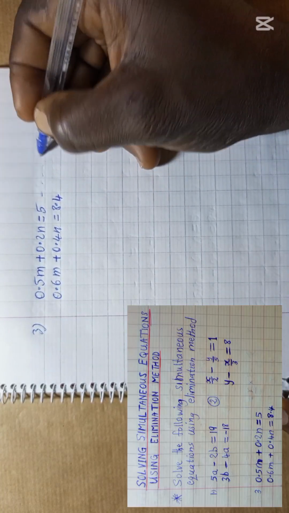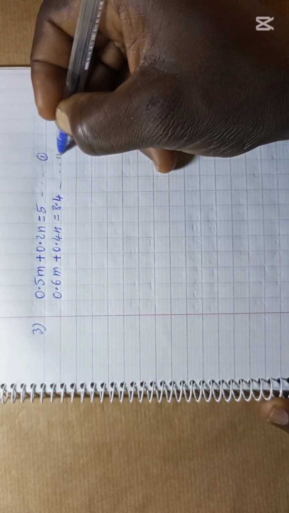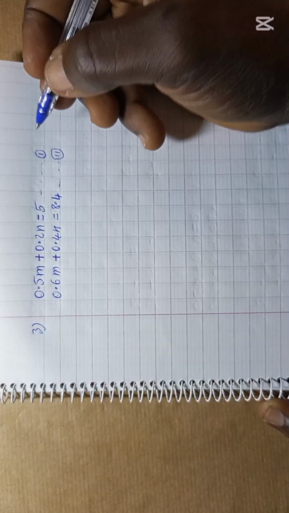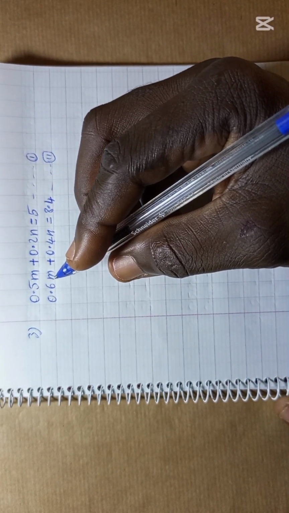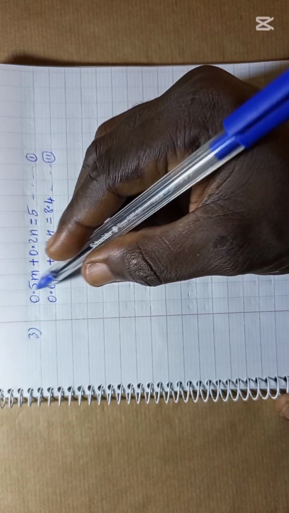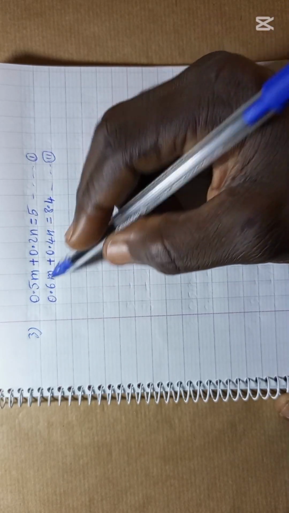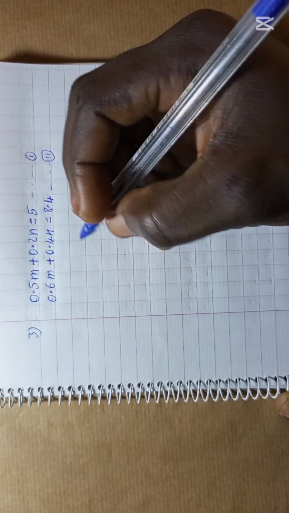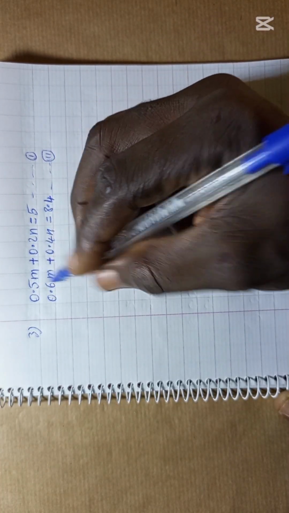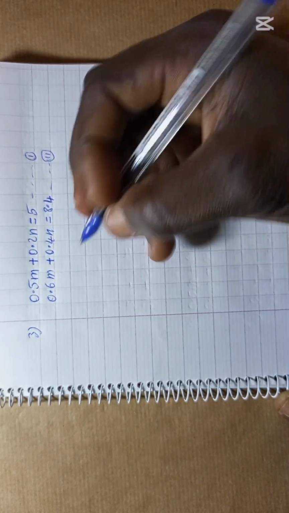So this is equation 1, this is equation 2. Now the first step here is to multiply by a number that will remove this decimal point, and that number is 10. Multiply equation 1 by 10 and equation 2 by 10 also.